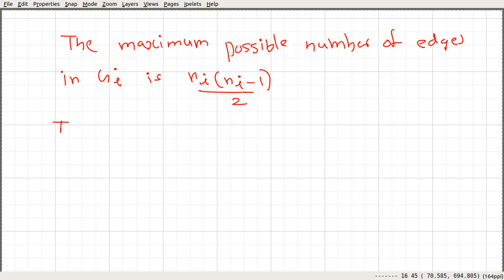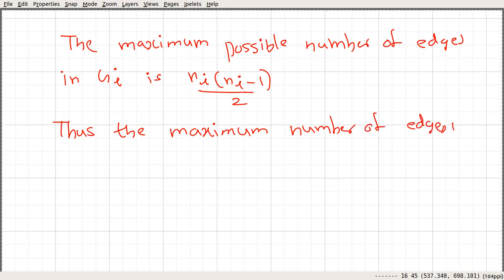Okay, so if you consider the entire graph, the maximum number of edges in G is the sum of the number of edges in the components n1, n2, n3, etc.